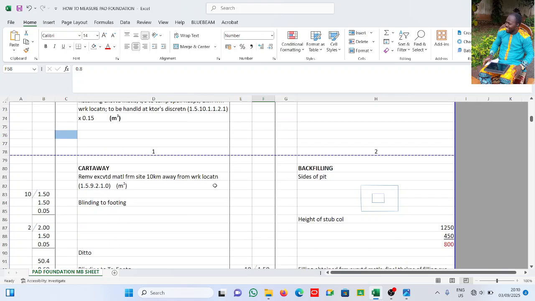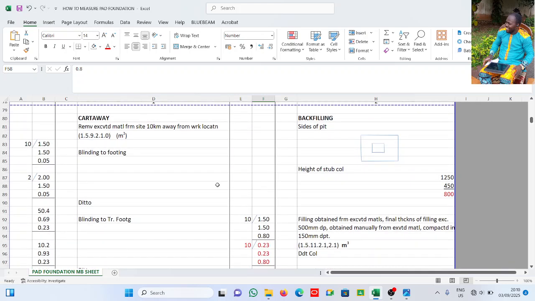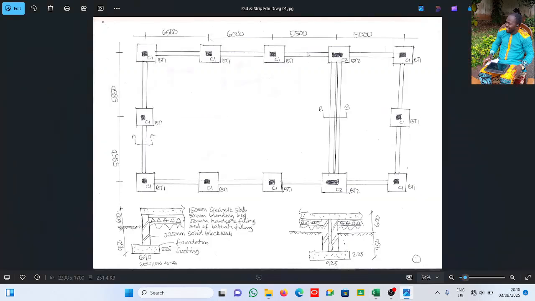Okay, now let's go to the cutaway. Cutaway. Now you are cutting away soils that have been displaced. What I mean by displaced, remember these pits were not there before. These column bases were not there before.